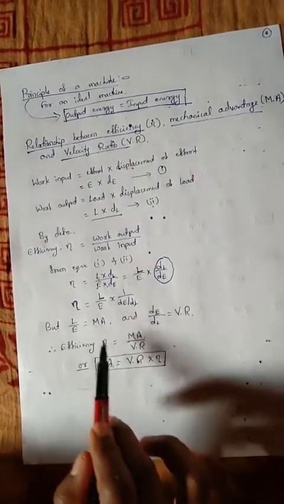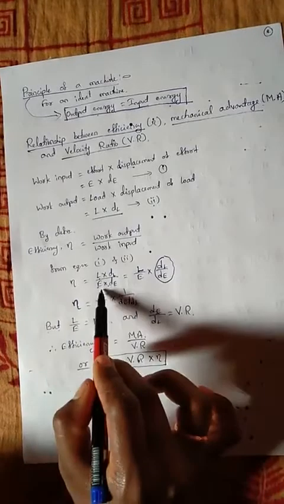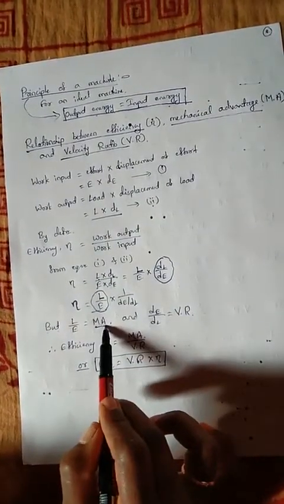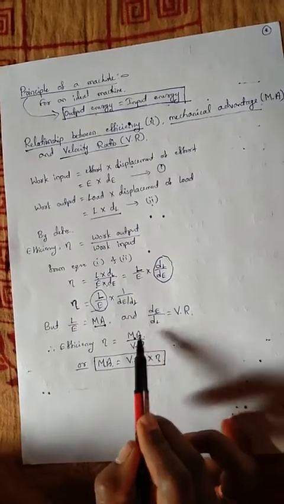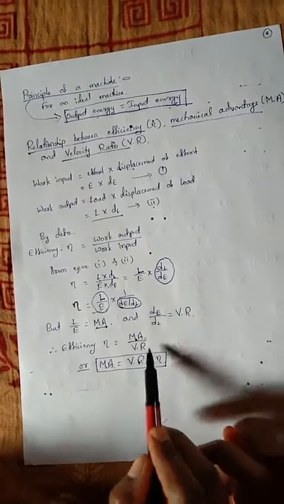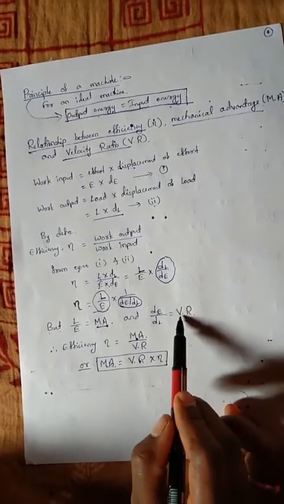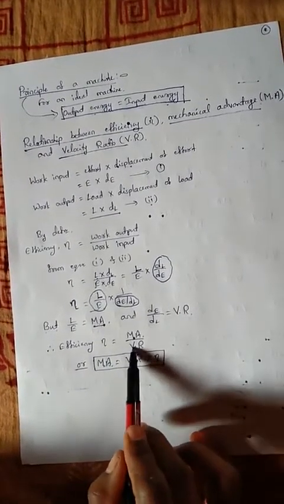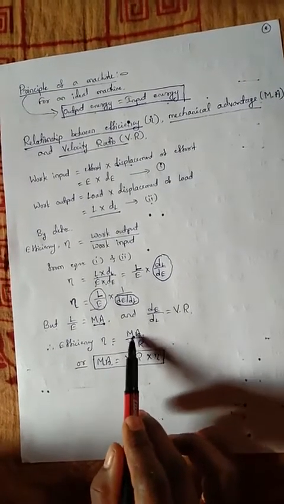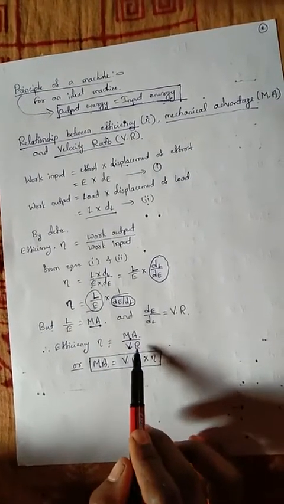Therefore, efficiency is equal to, see here, L upon E is what? MA. Right here, MA. And dE upon dL, this one, is equal to how much? VR. Right here, VR. So we get efficiency is equal to MA upon VR.